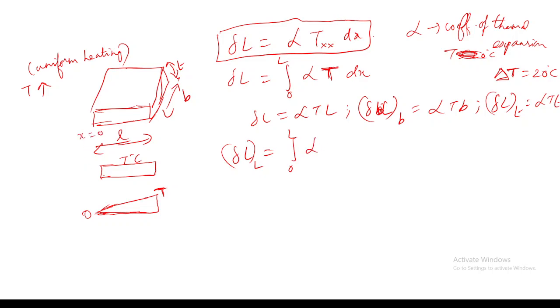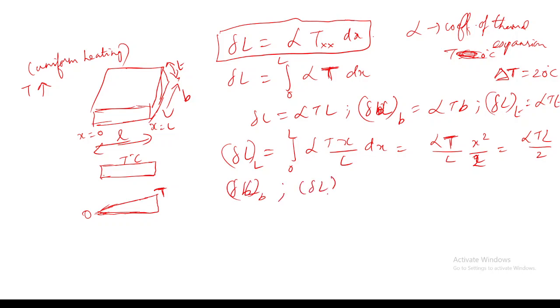Imagine this end to be x equals 0 and this to be x equals L. Tx by L into dx. Alpha T by L is constant, and integrating, x square by 2 will come, and on substituting, it will be alpha T into L divided by 2. Similarly I can write it for delta L of breadth and delta L of thickness.